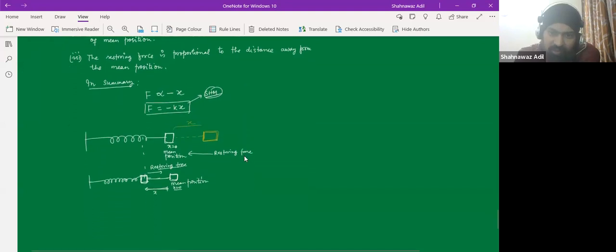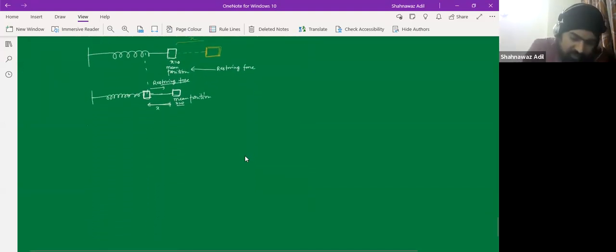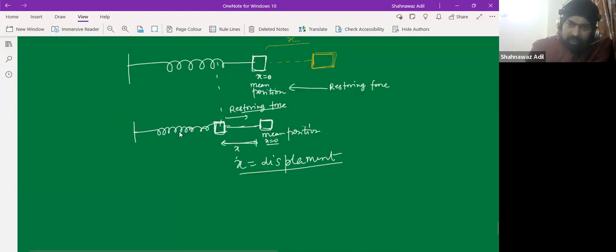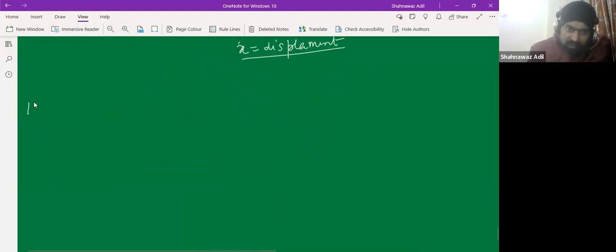This x is the displacement, and we have this force F, which is minus kx.